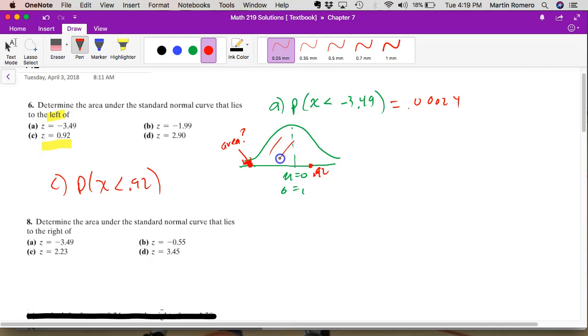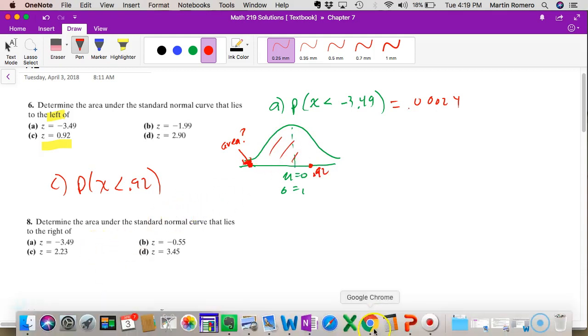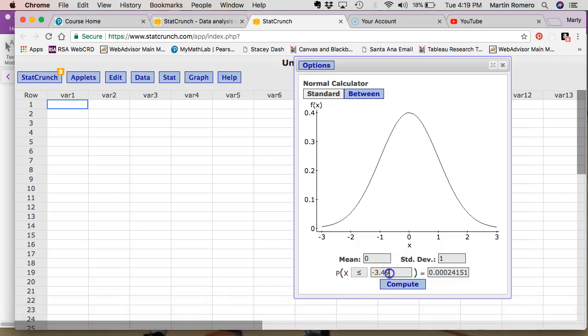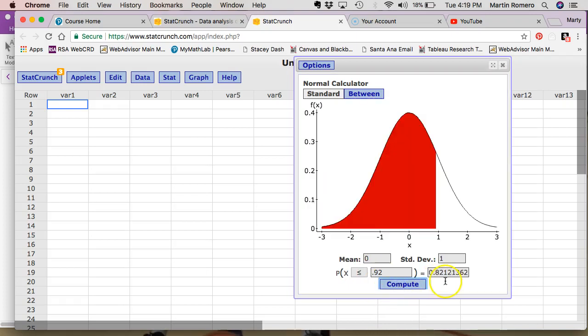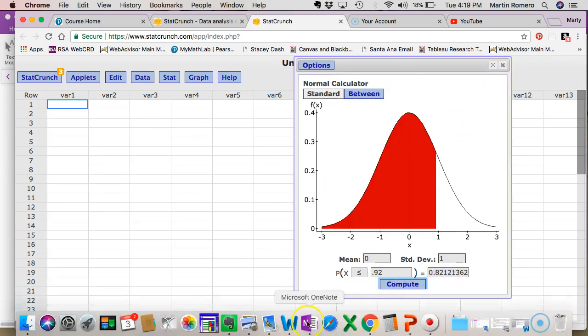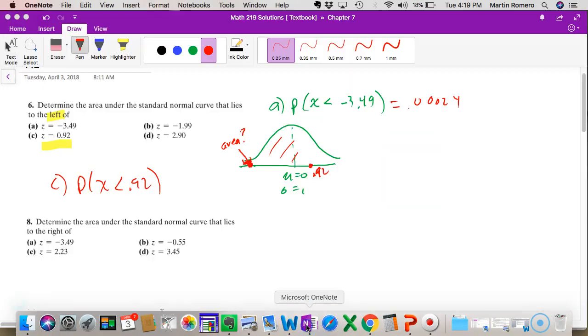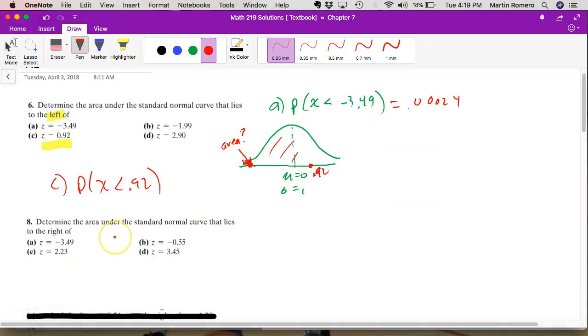And so it's the area over here we're talking about. So again, we just go to StatCrunch and put in negative 0.92 is to the left. So we're going to use the less than symbol there. Compute, and you have 0.821. And so that would be our answer there, 0.821.